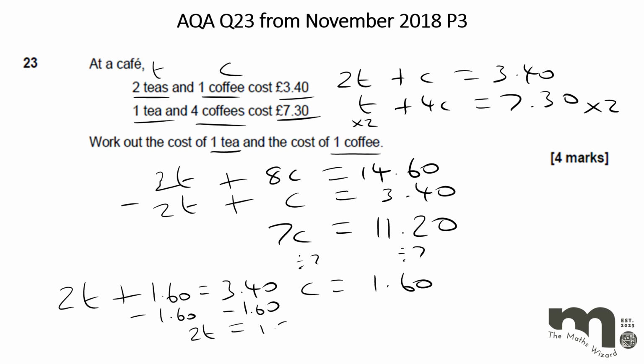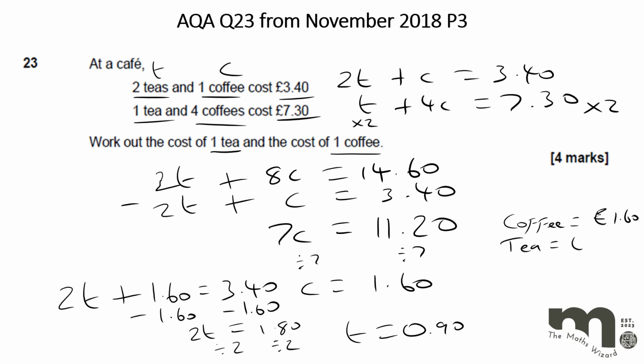So we can now divide that by 2, and that will tell us that the tea is £0.90. So a coffee is £1.60, and a tea is £0.90 or 90 pence.